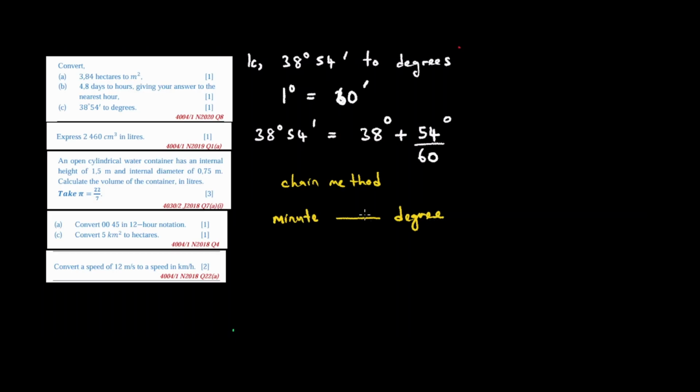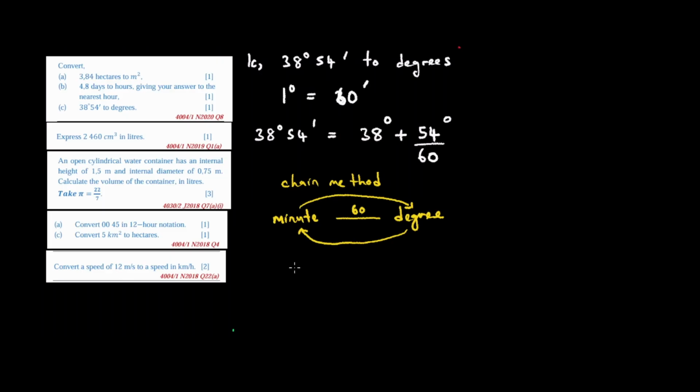How many minutes in 1 degree? 60. Saka kana tichiconverta from minutes to degrees, what do we do with 60? Kana tichiconverta from degrees to minutes, what do we do with 60? Now converting from minutes to degrees, kubva kuchidiki tichienda kuchihombe.